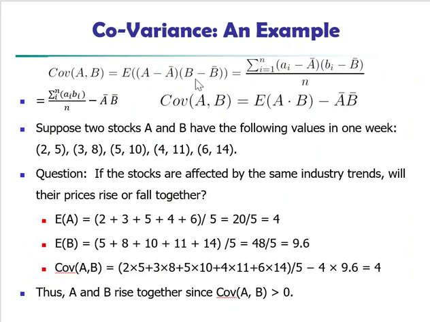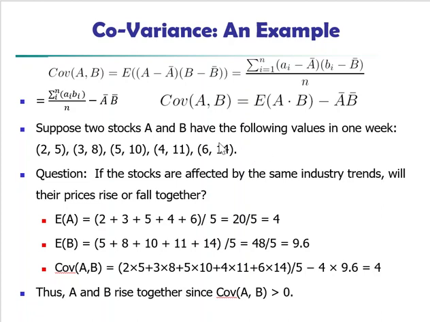So for covariance, I also provide an example here. We have the formula, which is this, and we can rewrite this. If we do a little bit of math manipulation, it's equal to that. So therefore, we can have a simplified covariance calculation formula. We have the example of two stocks with different prices.